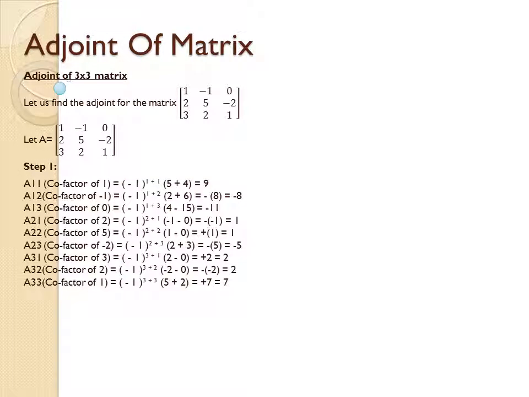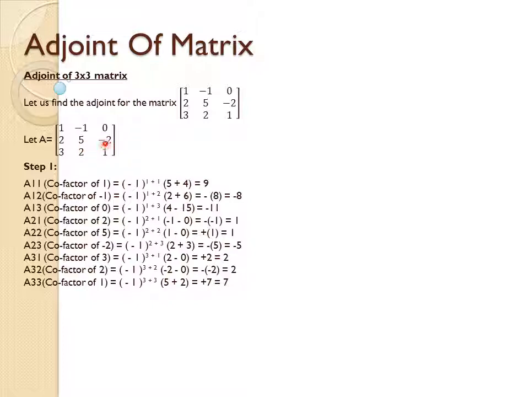So A11, that is the cofactor of 1. A11 means this one. So I am just removing this particular row and this particular column. So my remaining is 5 -2 and 2 1. This is a 2 cross 2 matrix. So it will be 5 into 1, that is 5, minus 2 into -2, that is -4, and with minus sign, that is plus.